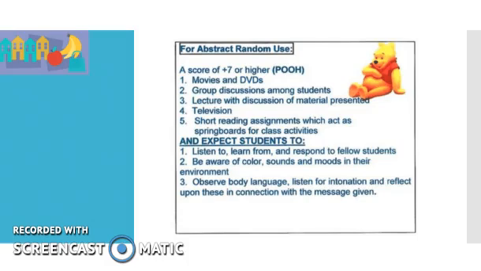So these abstract random students tend to prefer movies and DVDs, group discussions among students, they're very social, lecture with discussion of material presented, television, short reading assignments which act as springboards for class activities. You can expect these students to listen to, learn from, and respond to fellow students, be aware of colors, sounds, moods in their environment, and observe body language, listen for intonation, and reflect upon these connections with the message given.